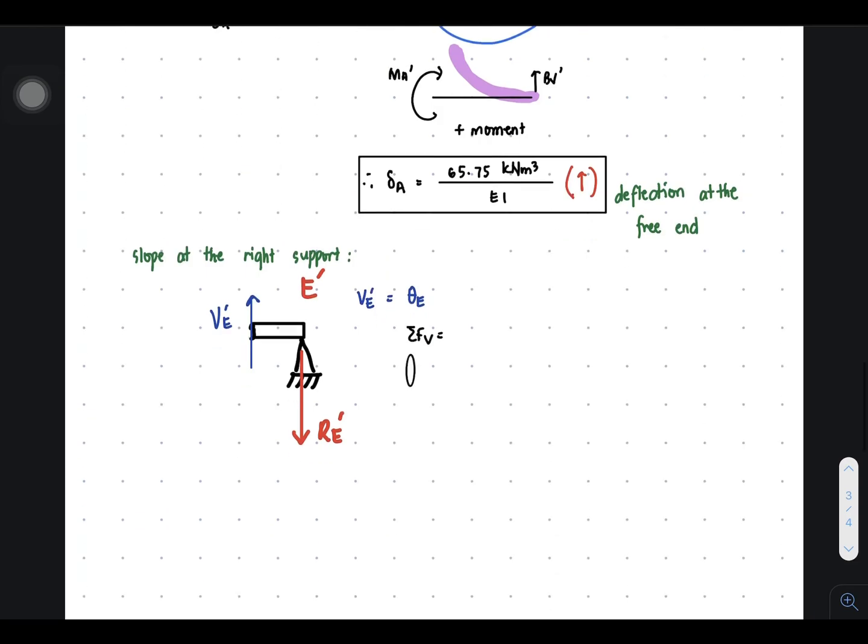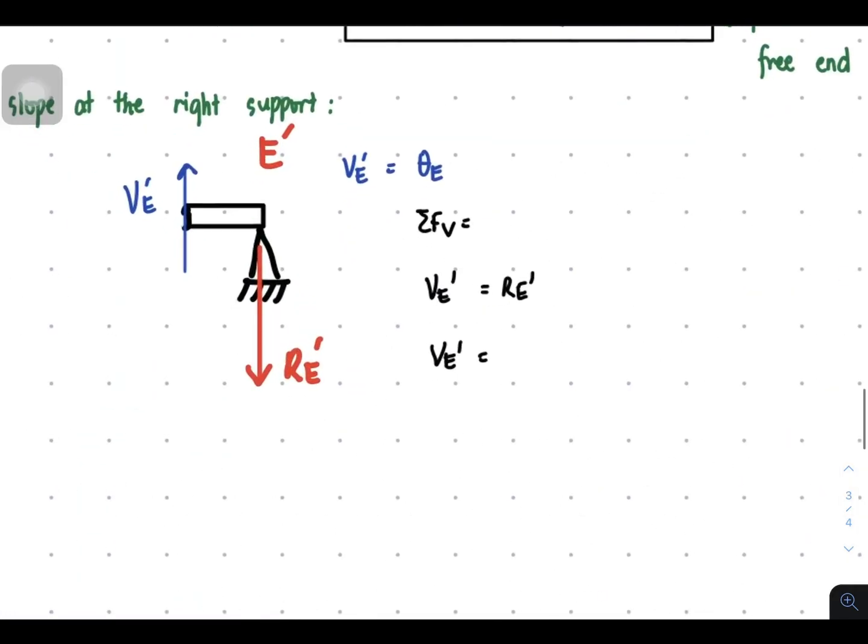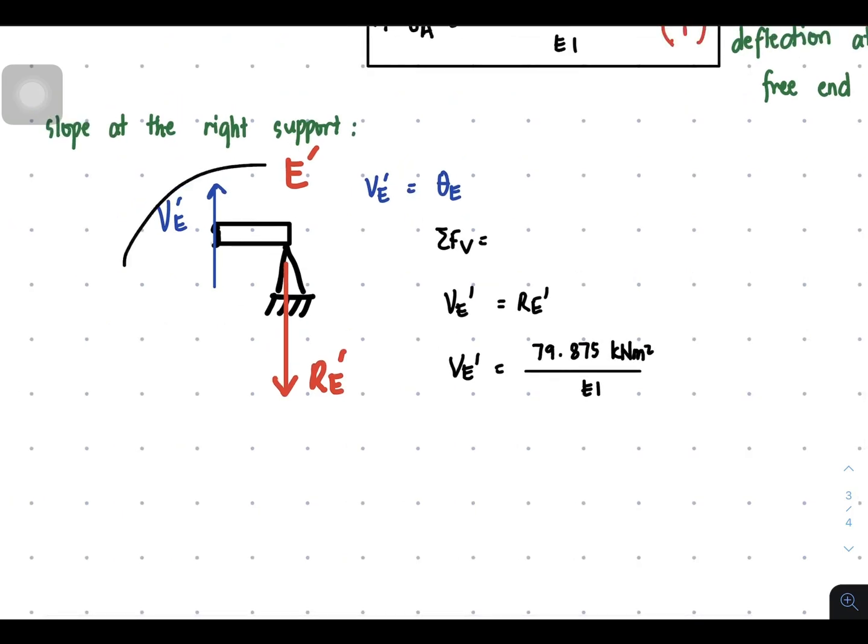So you have the VE prime upward equal to the RE prime, and the VE prime is RE 79.875 kilonewtons square meter over EI, and the rotation is clockwise.